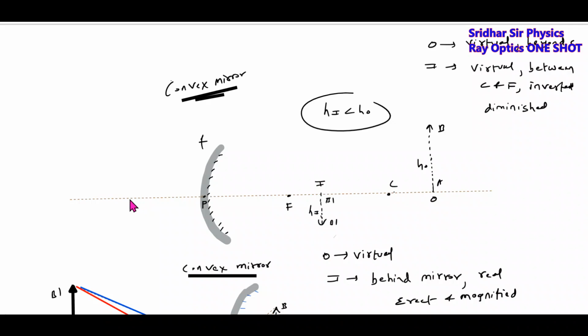So what is possible for the convex mirror? For a real object, a virtual image is possible.